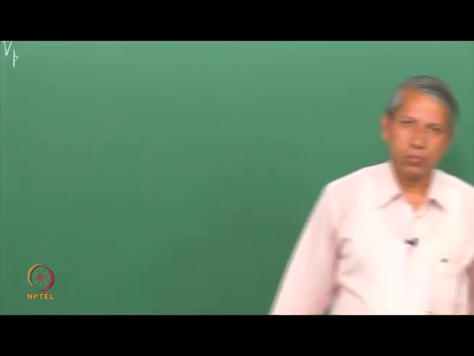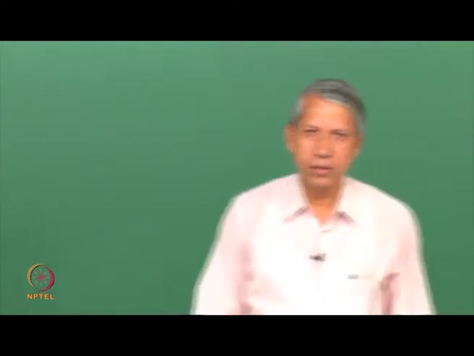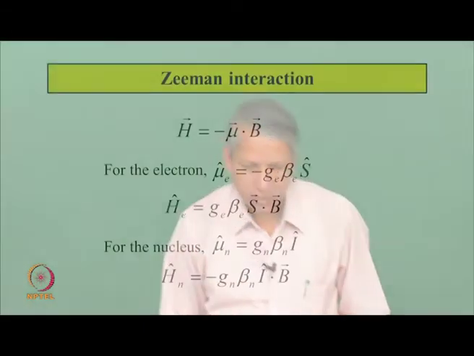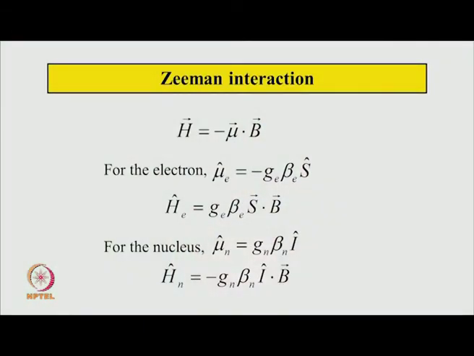So, what are the magnetic interactions that this atom has? If we put this hydrogen atom in a magnetic field, then the interaction that we can think of is the Zeeman interaction. This is the magnetic moment interacting with the magnetic field, giving rise to the corresponding energy. For the electron, the magnetic moment comes from the spin angular momentum, and this is the relationship.